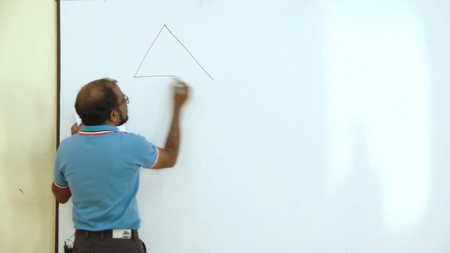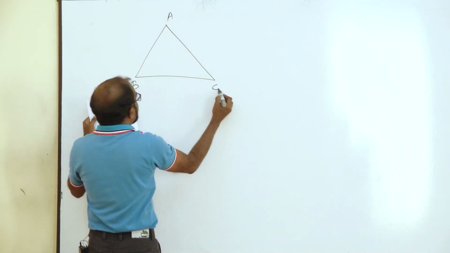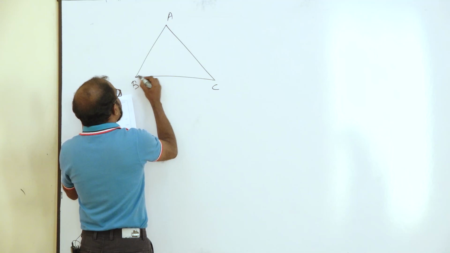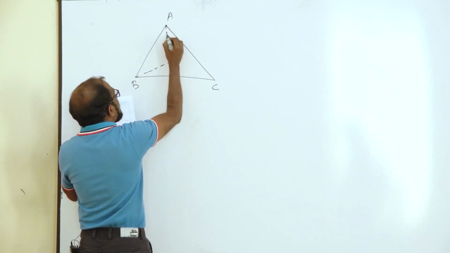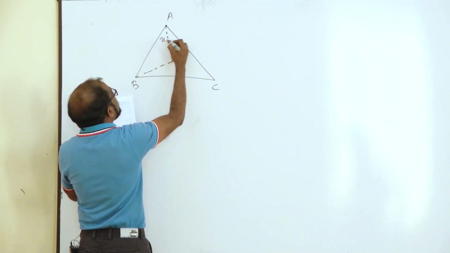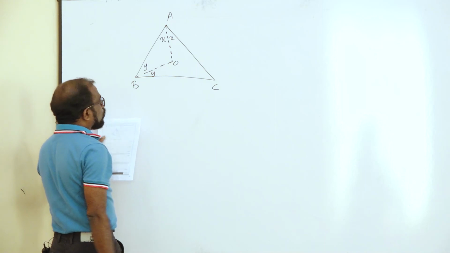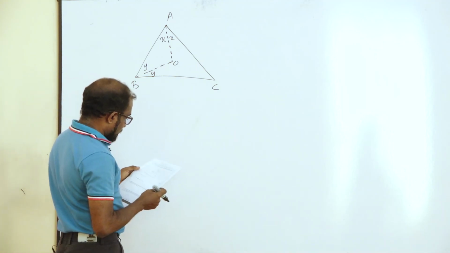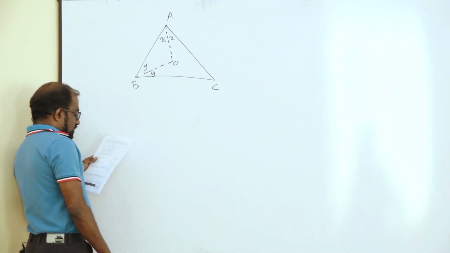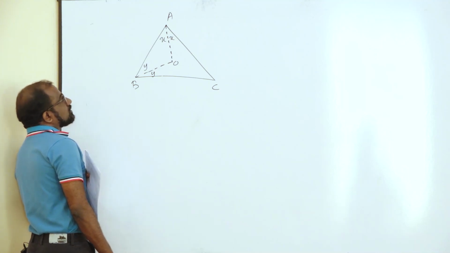ABC is a triangle. B is bisected. Angle A is also bisected. So here X, Y, they intersect at O. Write the value of AOB in terms of X and Y.